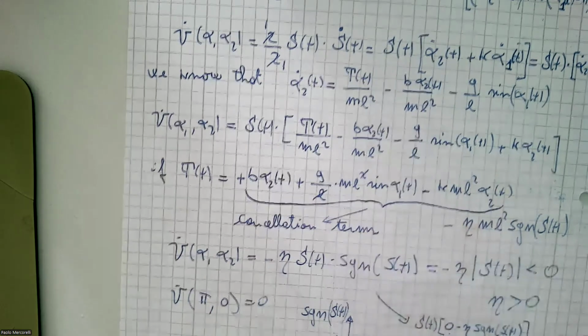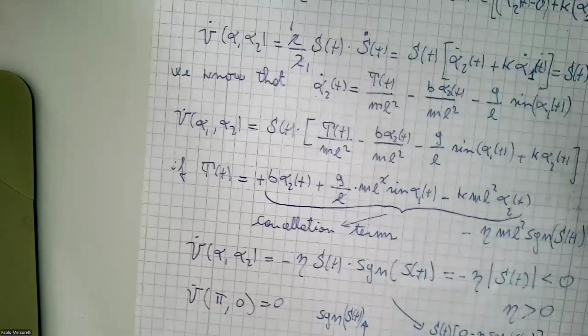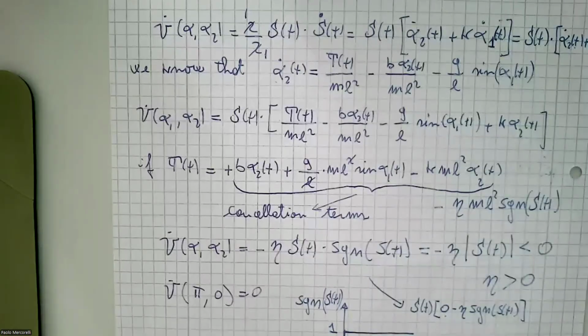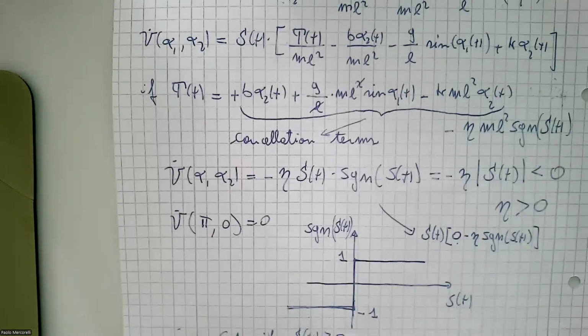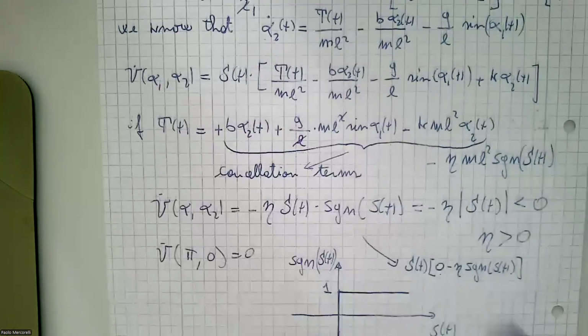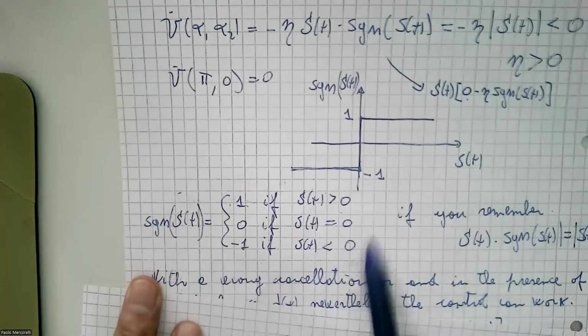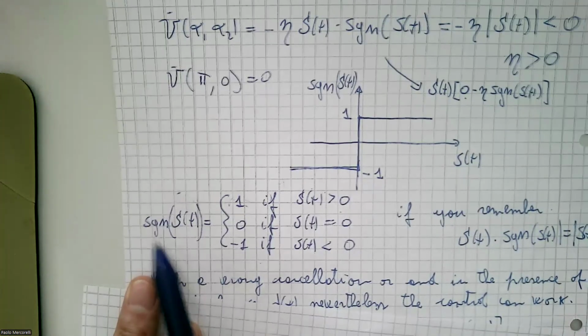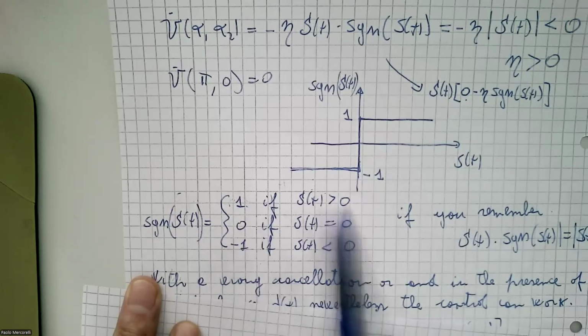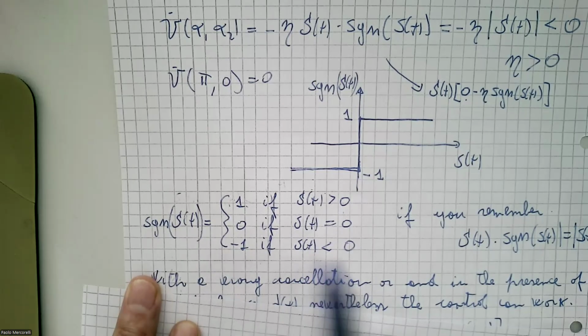Now we can make a little bit on this. Let me assume that at this moment it is 0. What is SGN? SGN is this function here. The sign of S of t is 1 if S of t is positive, is 0 if S of t is 0, is minus 1 if S of t is negative.